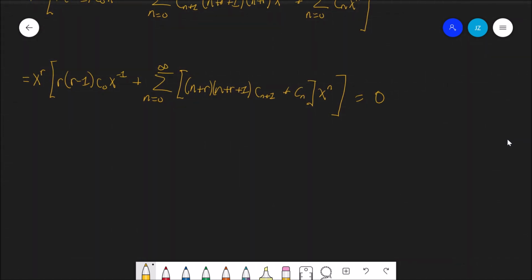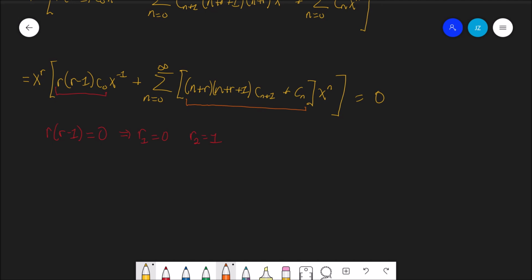So we again have to form our indicial equation, and then our recurrence relations. So the indicial equation will be r times r minus 1 is equal to 0, which means r is either 0 or 1.